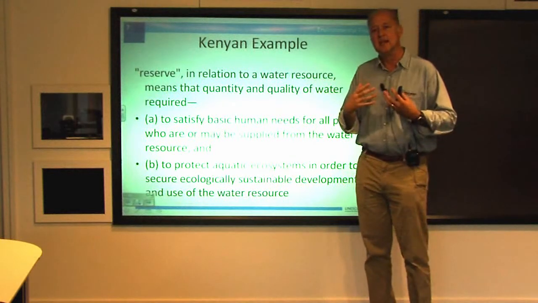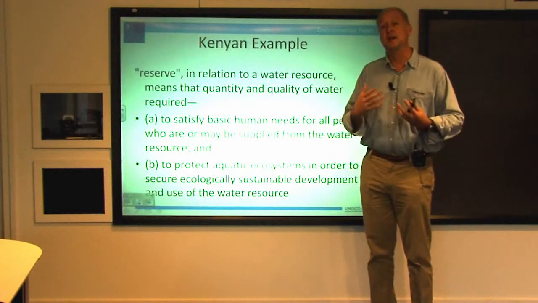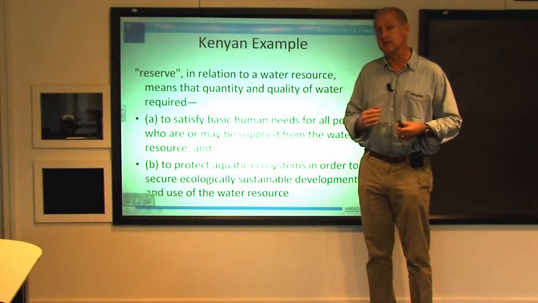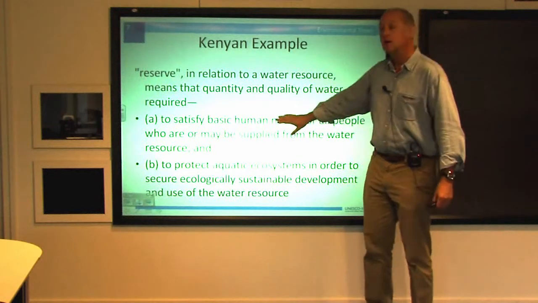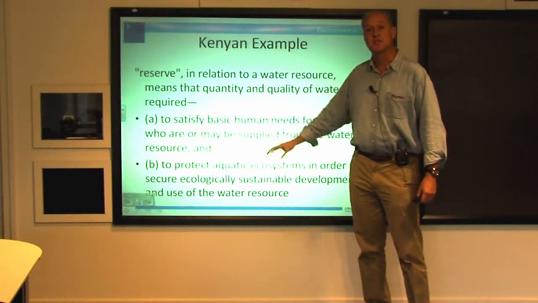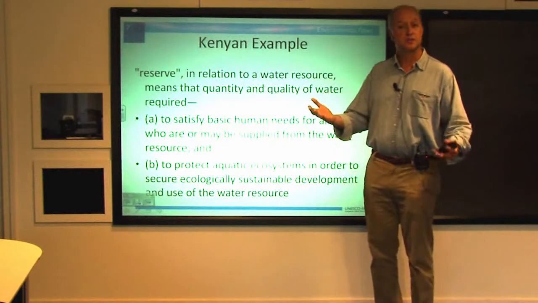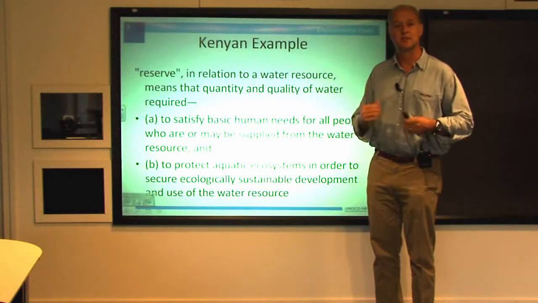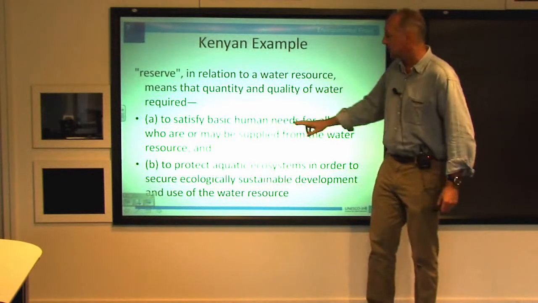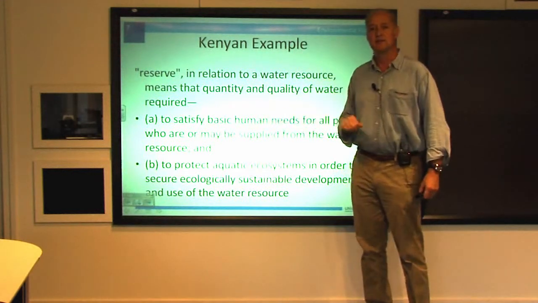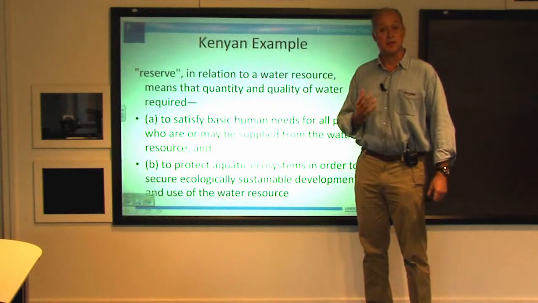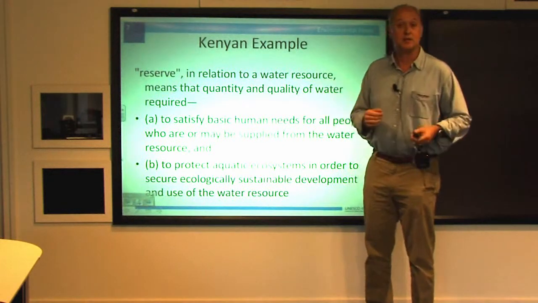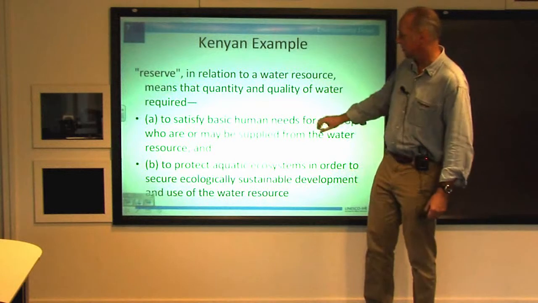This is an approach that's applied in southern and eastern African countries, where a proportion of the population still relies on direct access to surface waters for their domestic water supply. So there's a requirement that enough water be left in the river for them to meet their basic needs, which is 25 liters per day per person, thereabouts.